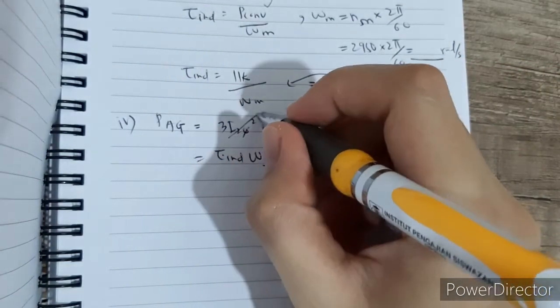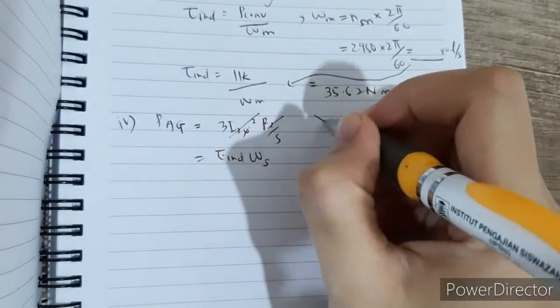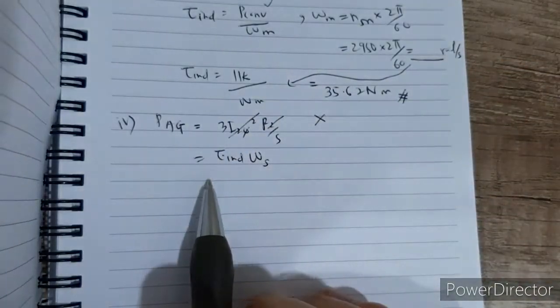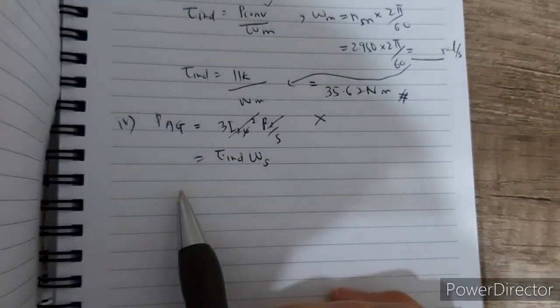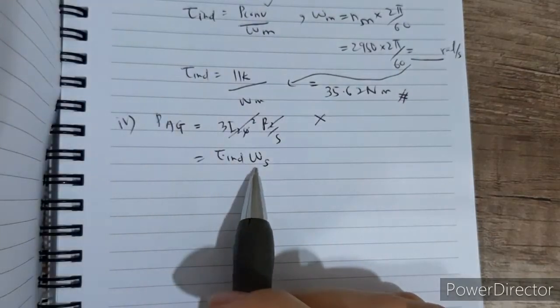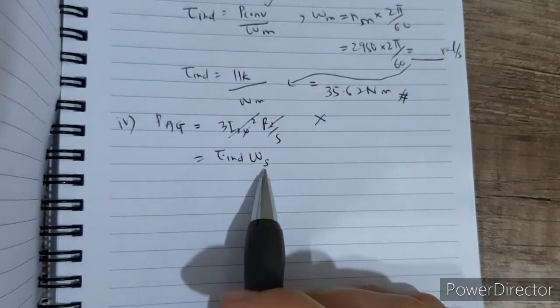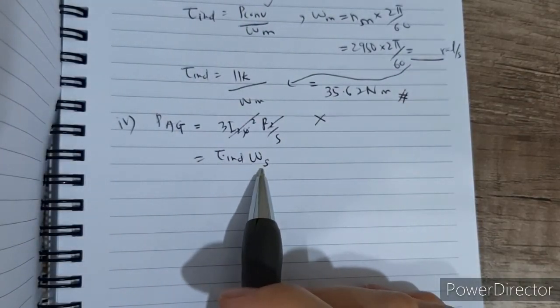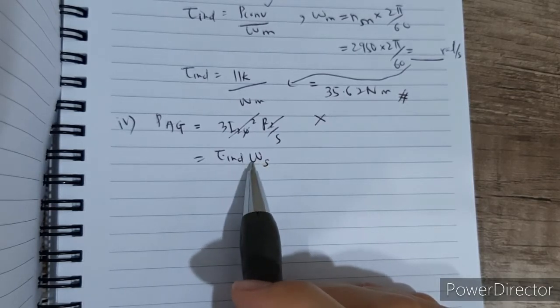We don't have I2 phase and we don't have R2, so we cannot use the first formula. But since we have induced torque and we can find omega s from Ns, we can use the second formula as well.